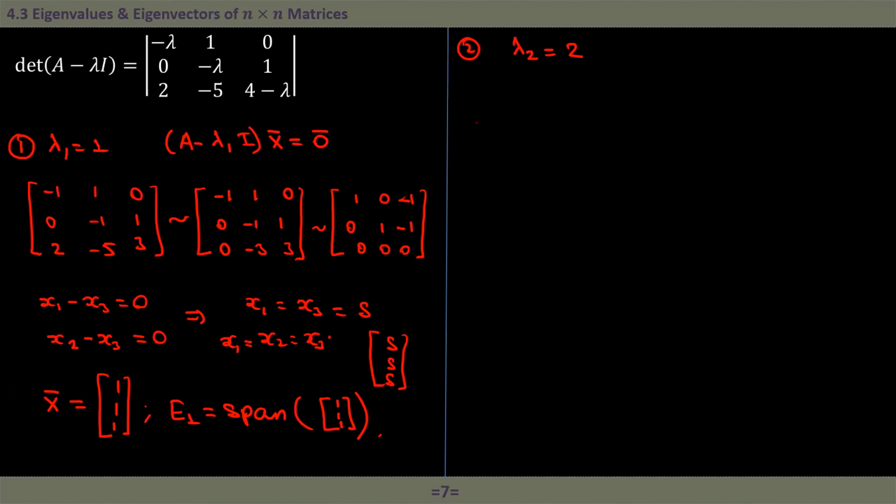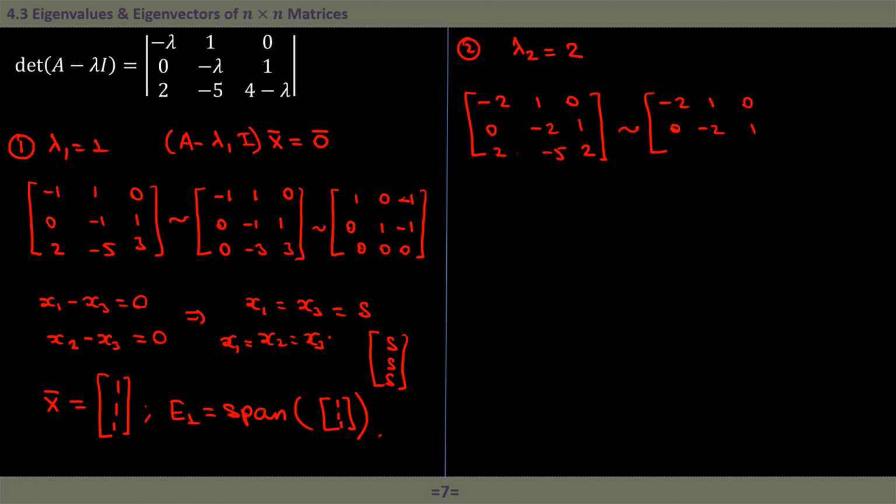Here we have our matrix, minus 2, 1, 0, 0, minus 2, 1, 2, minus 5, 4, minus 2, that's equal to 2, right? And here we have negative 2, 1, 0, 0, negative 2, 1.